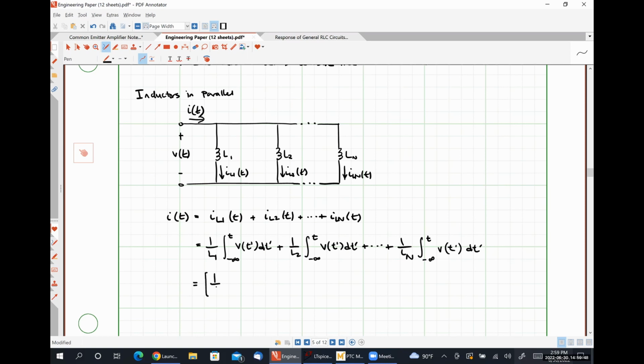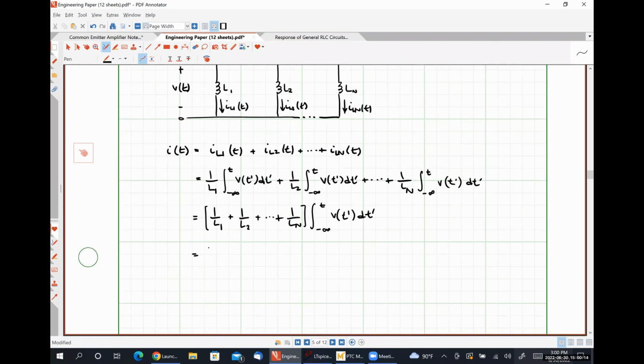And since all of these components have that same integral, I could say this is 1 over L1 plus 1 over L2 plus all the way out to 1 over L sub n times the integral from negative infinity to t of V of t prime dt prime, or 1 over LEQ times the integral from negative infinity to t of V of t prime dt prime, where LEQ is 1 over L1 plus 1 over L2 all the way out to 1 over L sub n, to the minus 1 power.